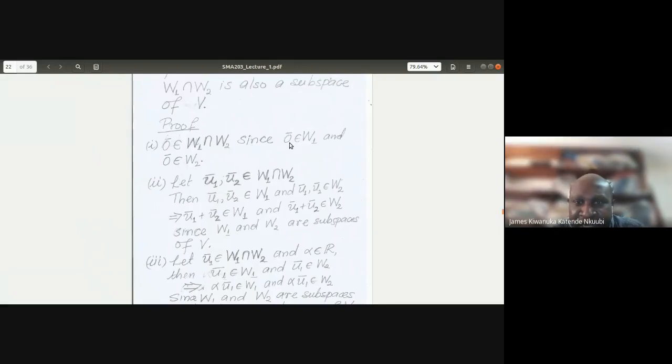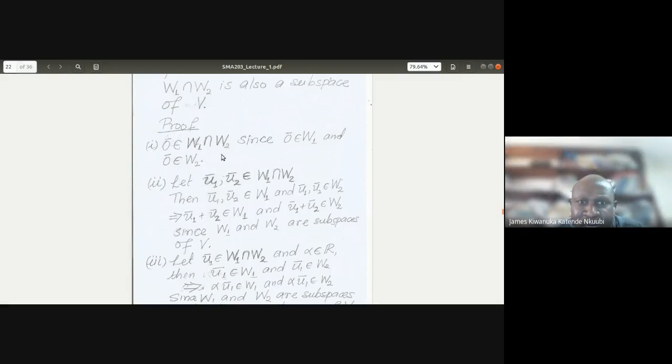We already know that W1 is a subspace and W2 is a subspace, so both of them must contain the zero vector. And if both of them contain the zero vector, then the intersection of the two subspaces will also contain the zero vector. Therefore, the zero vector must be in the intersection of W1 and W2.